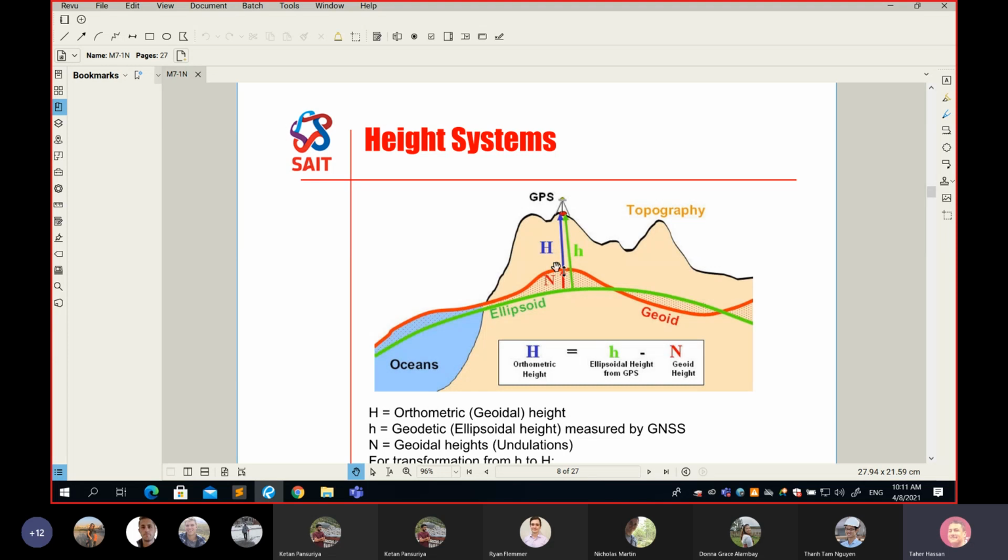We now know that the ellipsoid is simply a best fit. So sometimes my geoid is above and sometimes my geoid is below the ellipsoid. And that's why the capital H and small h are not the same. The difference between them is called geoid height. We discussed this last time.